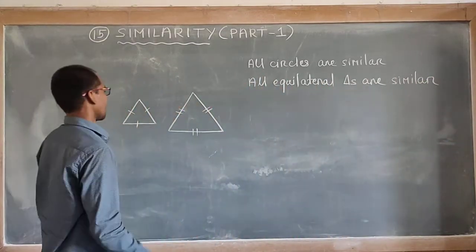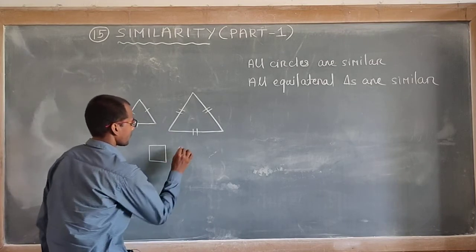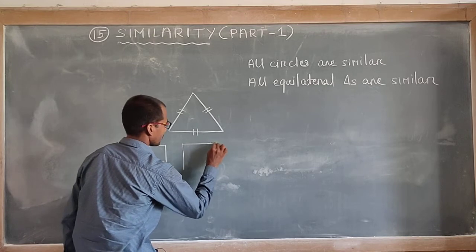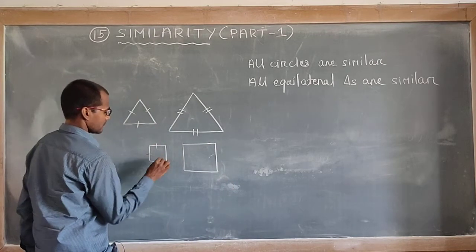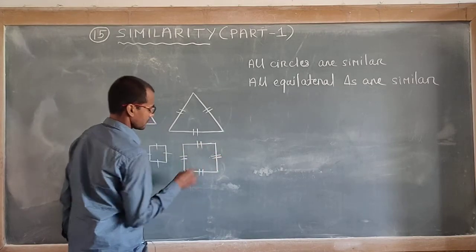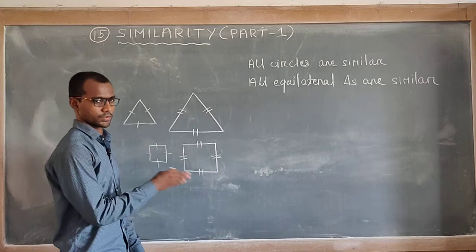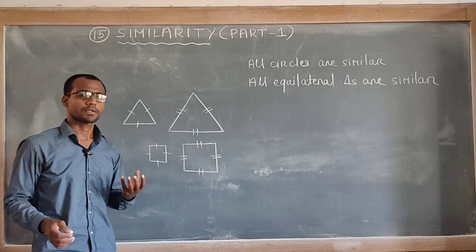Now let us take two squares, one small square and one big square. Each angle is 90 degrees. You can see these two squares have also the same shape.